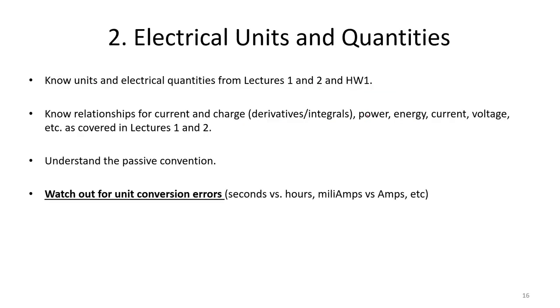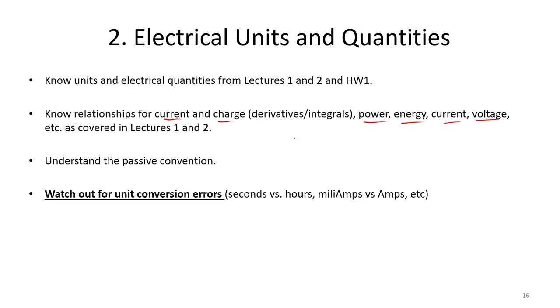Next item, electrical units and quantities. You'll remember in our first couple lectures, we talked about the basic quantities of electronics. We talked about current and charge. We talked about power, energy, voltage, current, all those quantities that we use in our circuits.